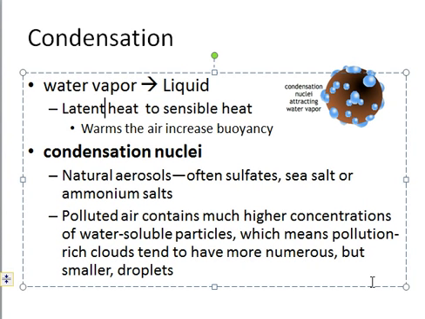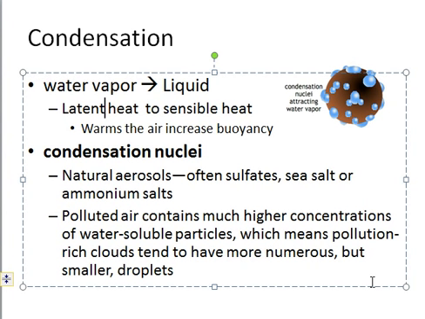So you get enough water droplets on an atmospheric particle, and it begins to react to gravity and come down as rainfall. You also see a lot of natural aerosols, and they're the most common in a really clean environment. You get polluted air, however, and you can have pollution-rich clouds.